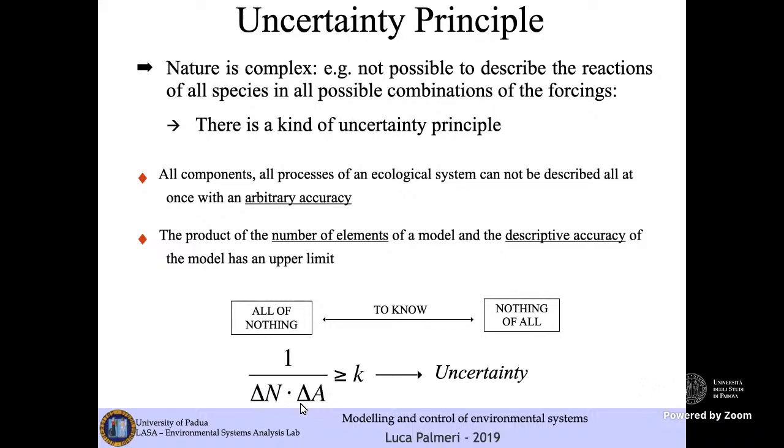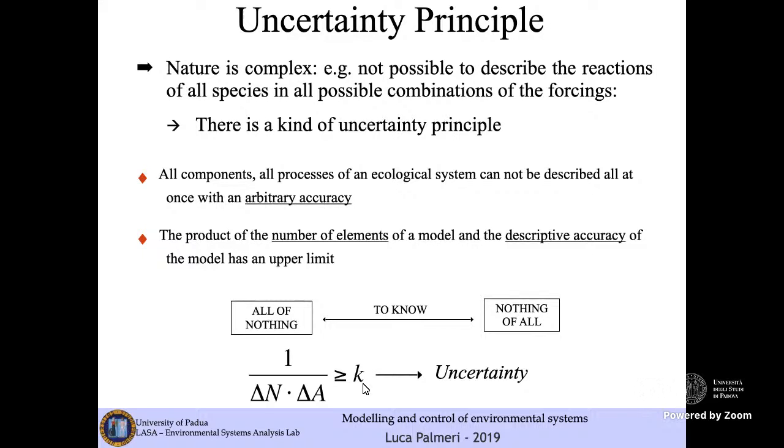We may say that the inverse ratio of the product of the uncertainty on the number of elements times the accuracy, if we increase the number of elements in the system or the accuracy, tends to diminish, but this lowering has a lower boundary represented by a small constant, K.